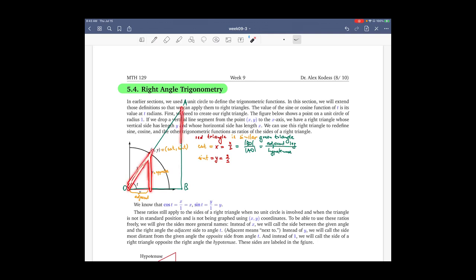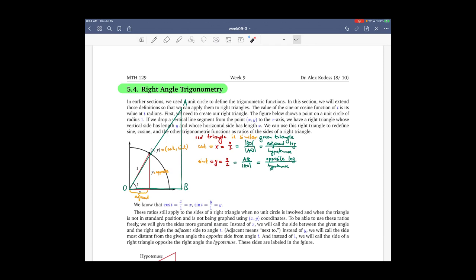In the green triangle, it's the side AB divided by the hypotenuse AO, which in the green triangle, with respect to the angle t, is the opposite leg AB divided by the hypotenuse. All right.